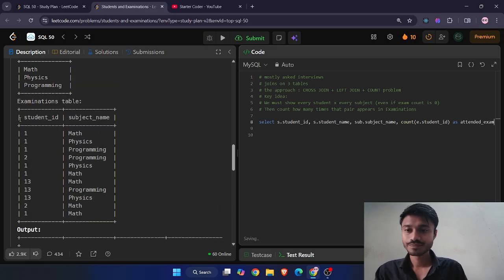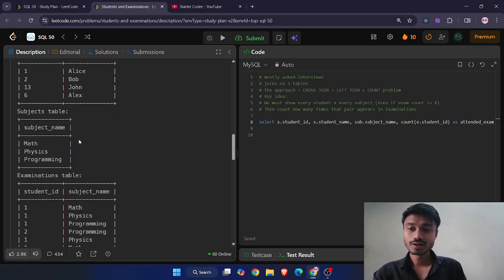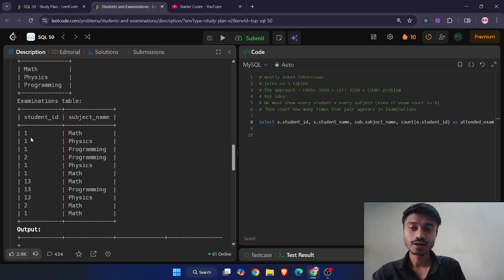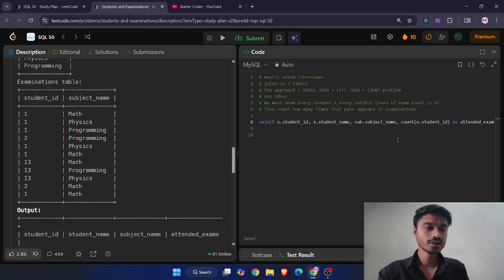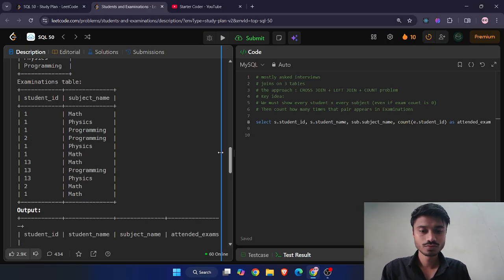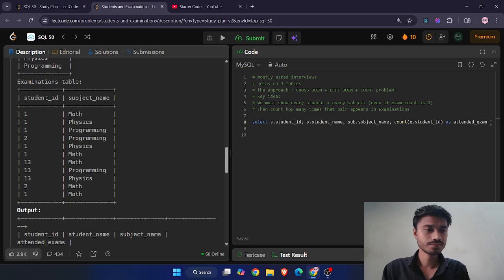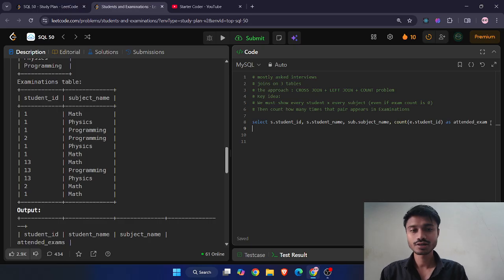It will check every entry in the examination table, let's say one math, one physics, and compare with our original cross join table, and then count accordingly. So select student ID, student name, subject name, and attended exams, which is basically the count of the student ID.